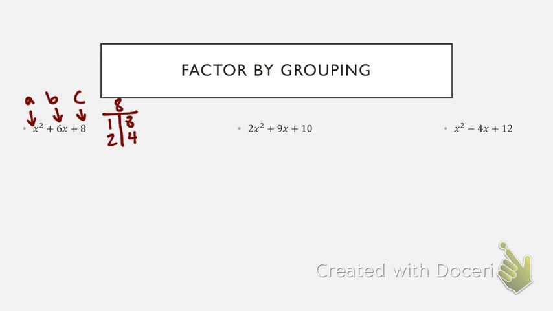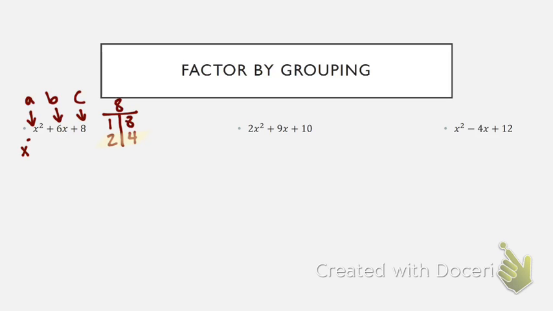Now it tells me to choose factors that add to b. My b value is 6, so I'm going to choose 2 and 4 because 2 plus 4 is 6. In my factor tree, I'm choosing the pair of factors that combine to my b value, in this case 6.